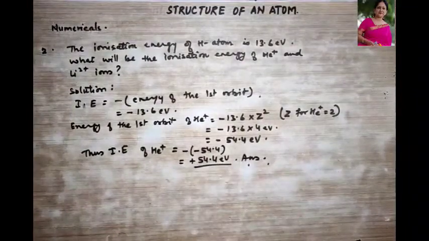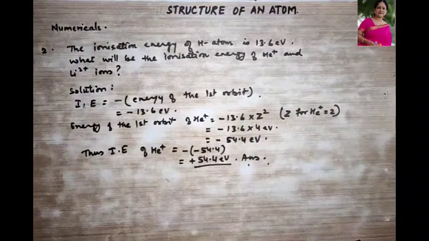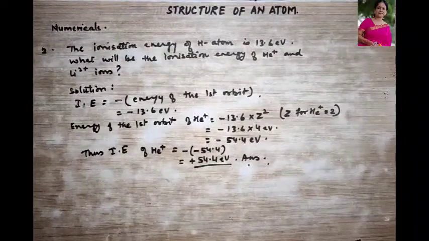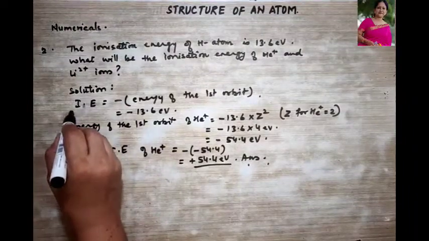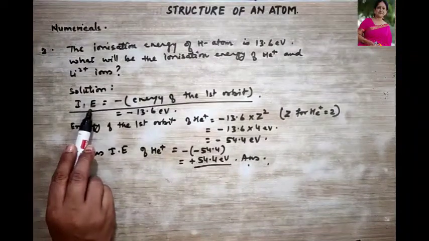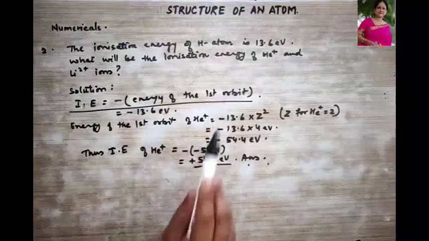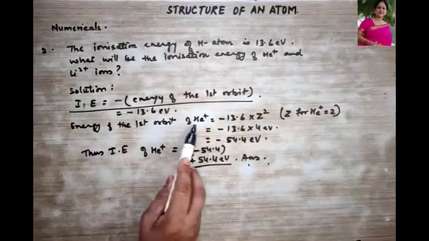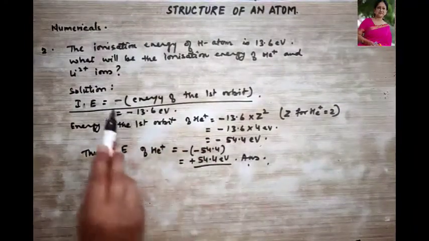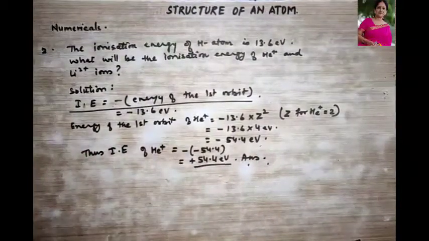I hope this is very clear to you. See, I have already mentioned over here, right? The ionization energy is equal to minus the energy of the first orbit. So we first found out the energy of the first orbit is this. So minus energy of the first orbit, minus becomes plus.